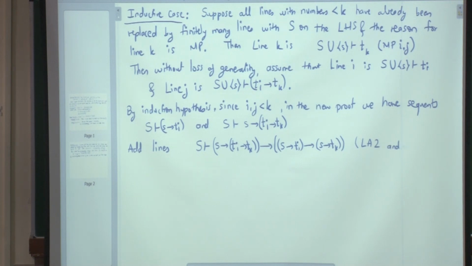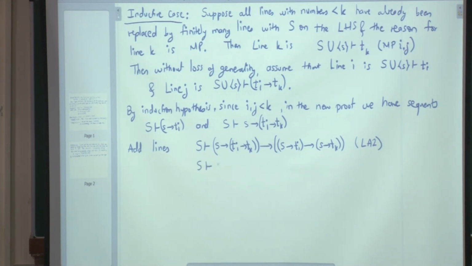LA2, and don't forget monotonicity. For LAs I think we don't need to write monotonicity, we can just write LA2.